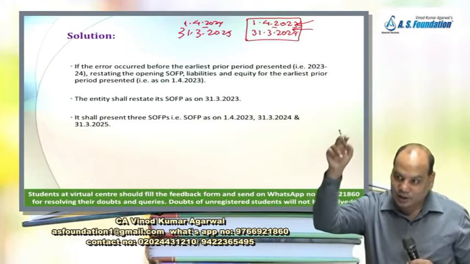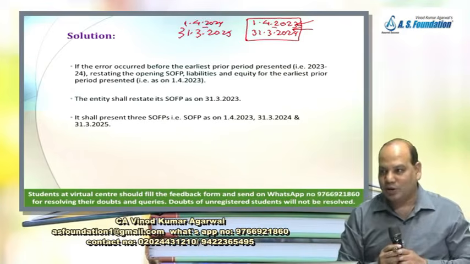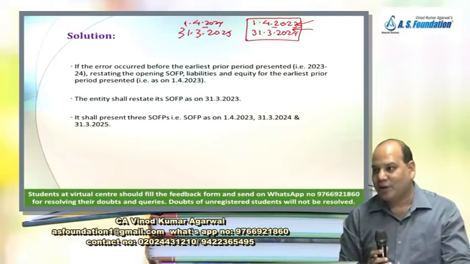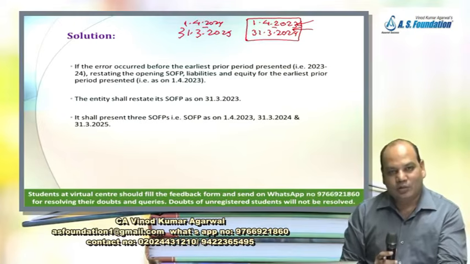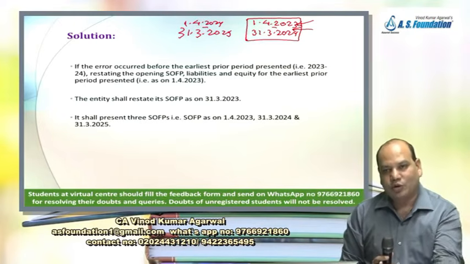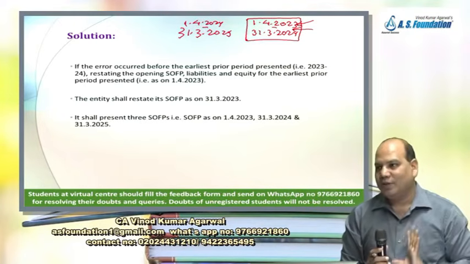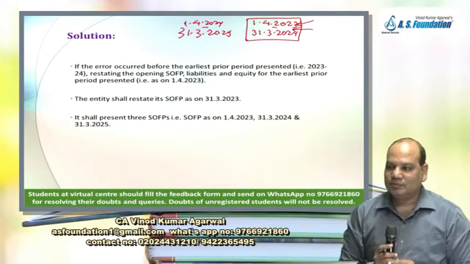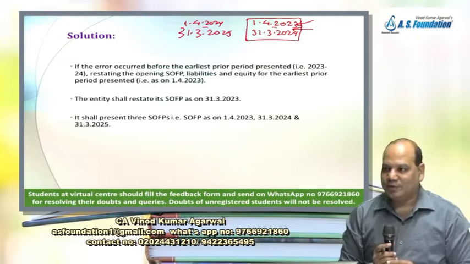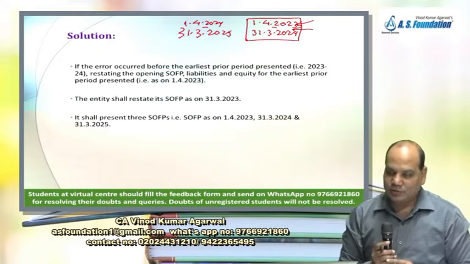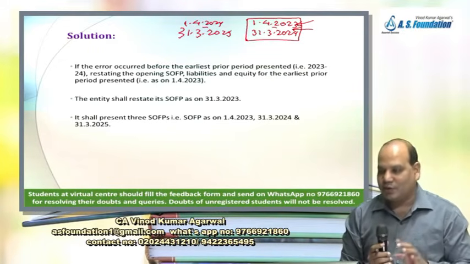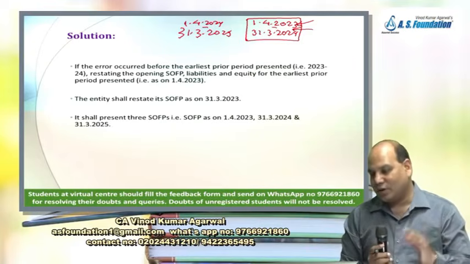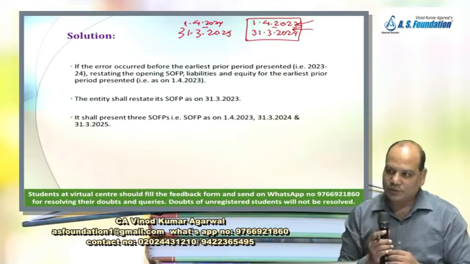So go to that year's financial statement, 21-22. Give the effect of that error, and based on the rectification, your opening balance of financial position will change. That you will bring forward on 1/4/23. That again you will adjust in 31st March 24 and again 31st March 25.